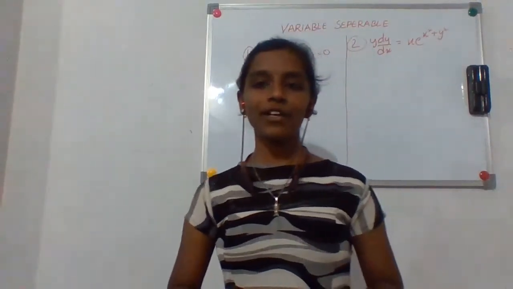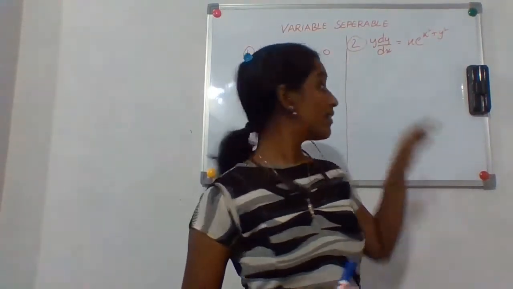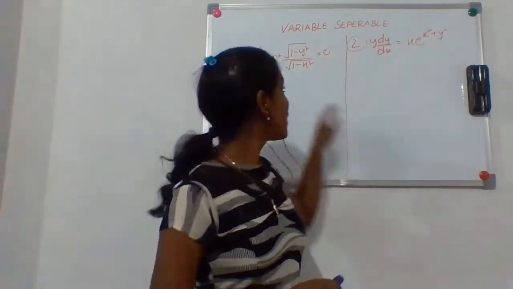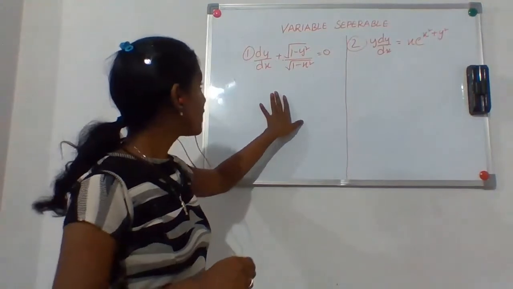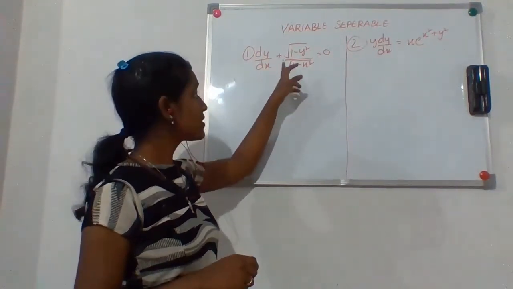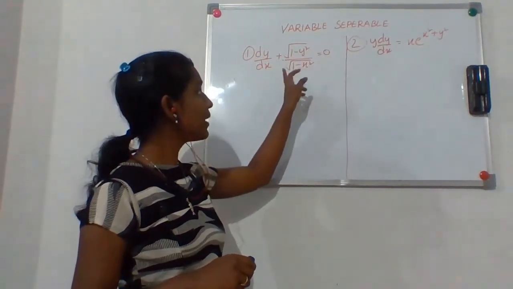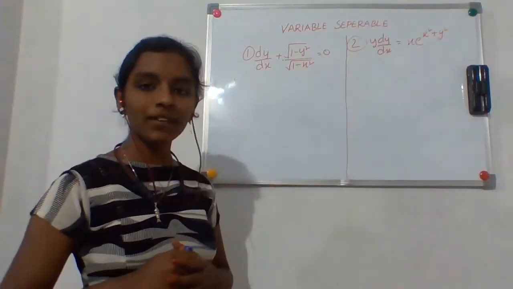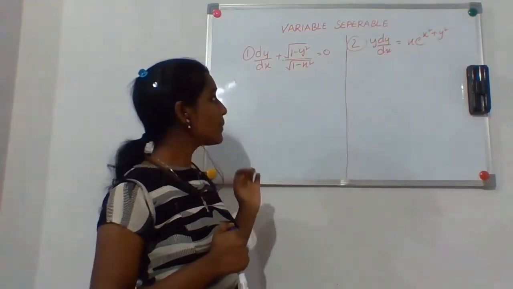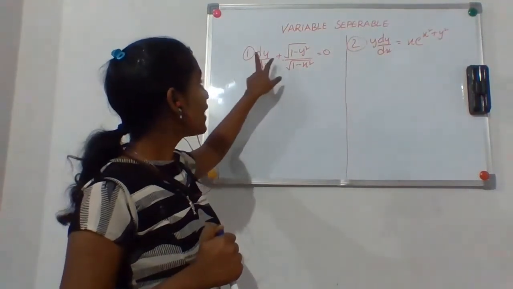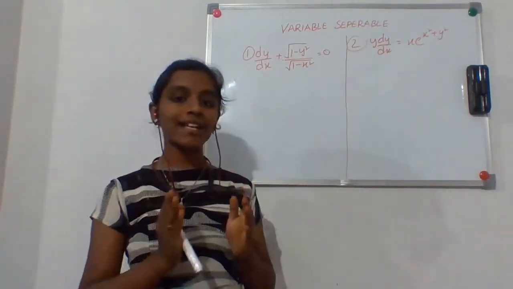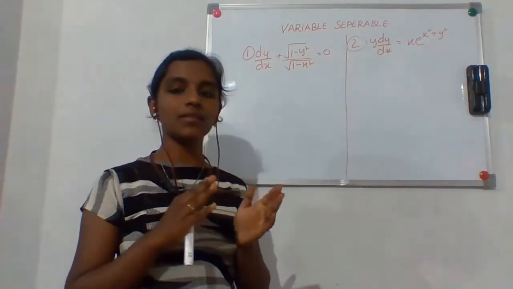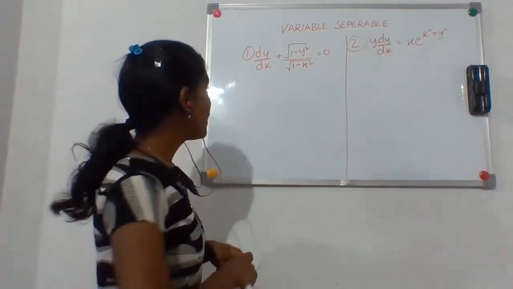Now we are going to look into two problems of the variable separable method. Let us look into the first problem. It is dy by dx plus root of 1 minus y square by root of 1 minus x square equals 0. The first step in the variable separable method is to take all the terms with x on one side and all the terms with y on the other side.